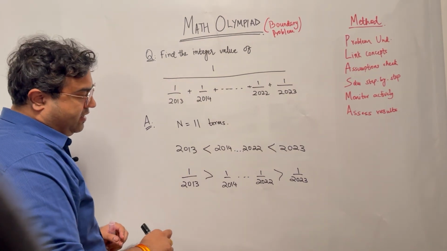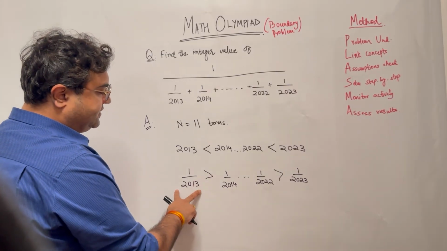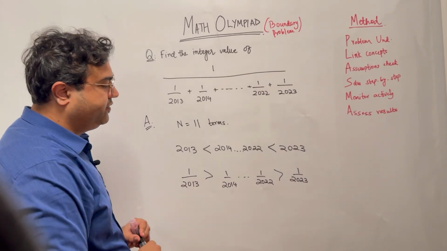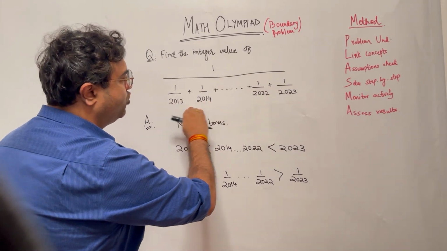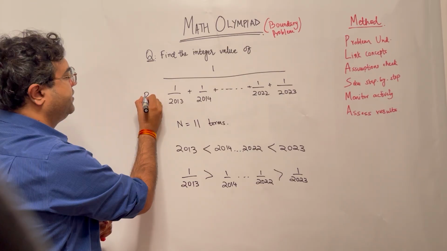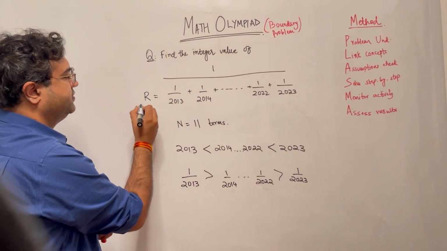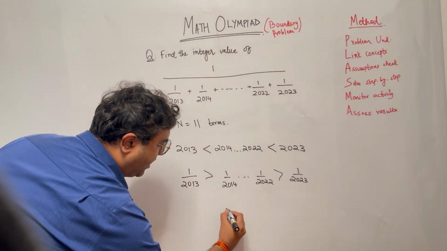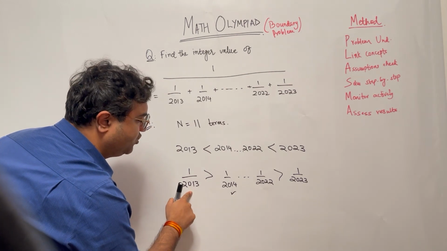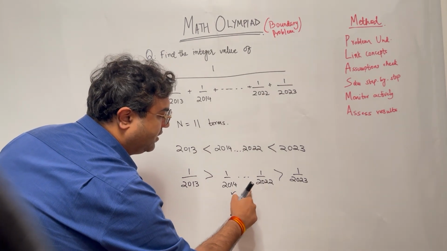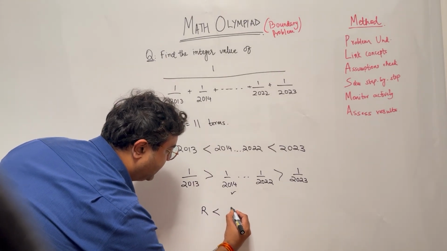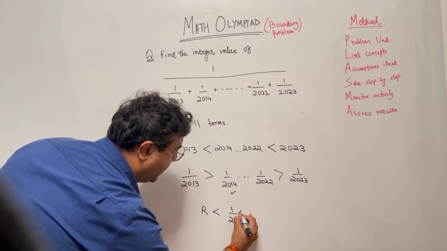Now we know that all of these numbers are less than or equal to 1 upon 2013. Let's call this whole summation of reciprocals R. Each of those terms will be at most 1 upon 2013, so R is going to be less than 1 upon 2013 times 11.